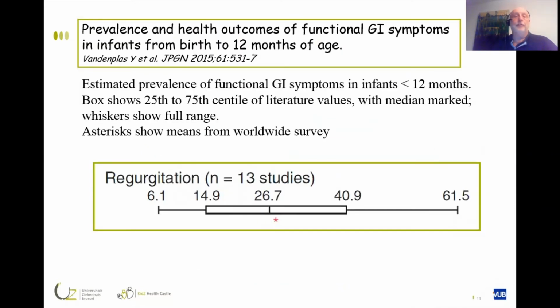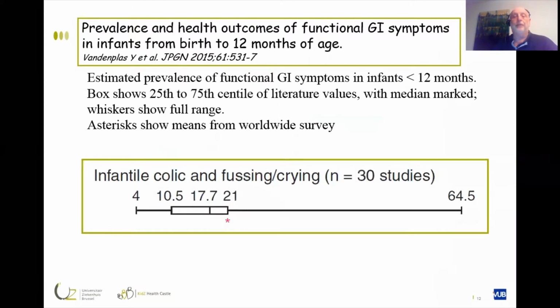How frequent does regurgitation occur? Well, according to a review of the literature, about 25% of parents seek medical help because of troublesome regurgitation. So that's 1 in 4, which is extremely frequent.